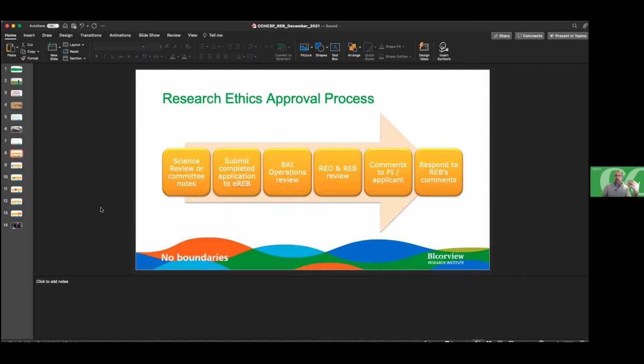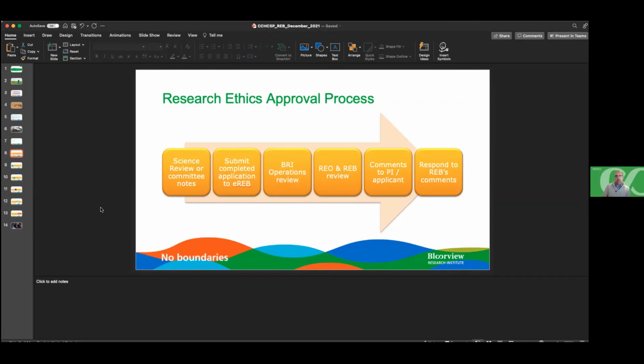Obviously, you saw the makeup of the board is such that we can draw upon people with several different types of expertise, and when it goes out for delegated review, there's careful consideration about who the reviewer is that's being approached to lead or contribute to that delegated review, to make sure they're able to respond to where the major ethical issues might appear related to the nature of the work that's being proposed.